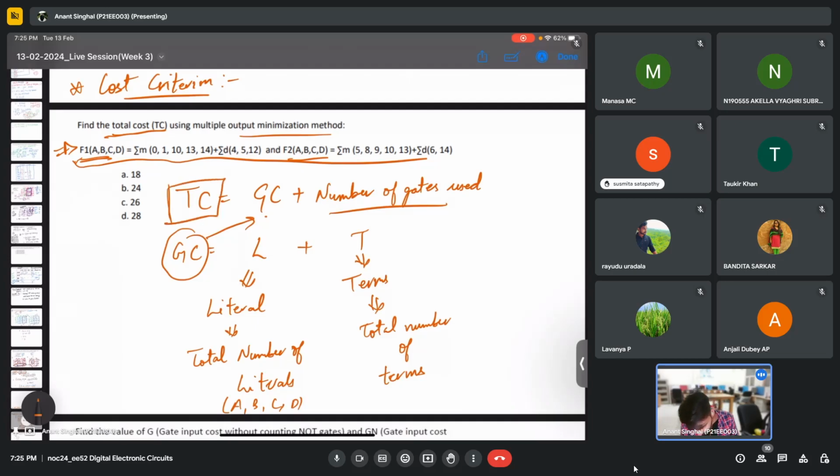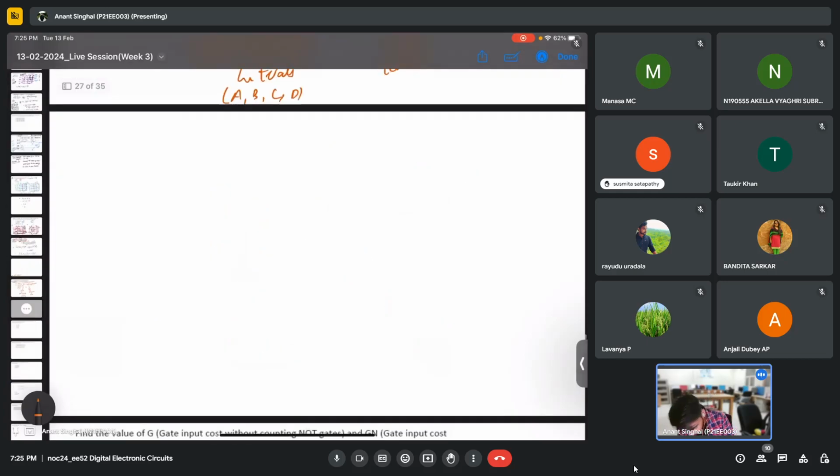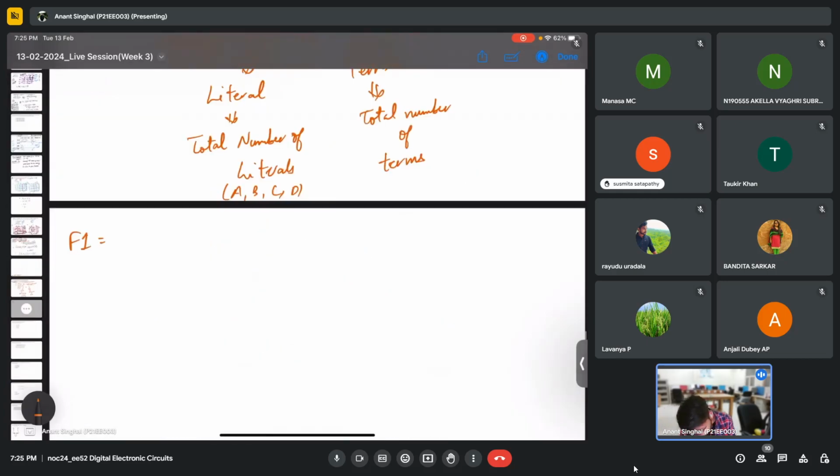So for calculating all of this, we first need to realize this F1 and F2. So quickly make a K-map and let me know what expressions are coming for F1 and F2. I'll write F1 again maybe here.